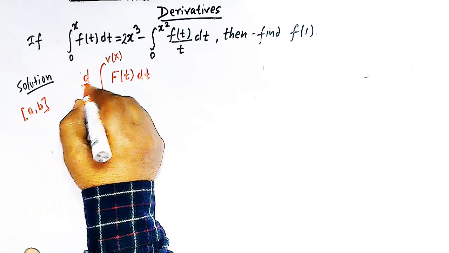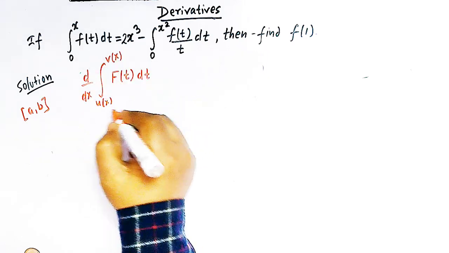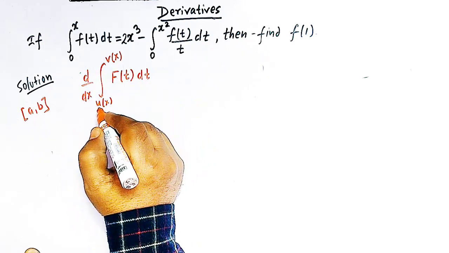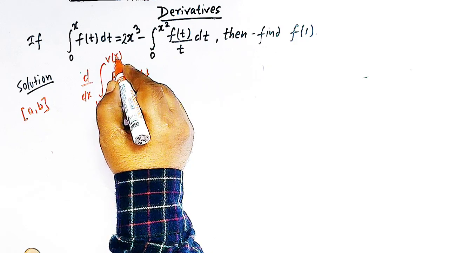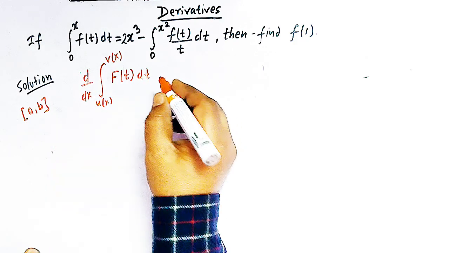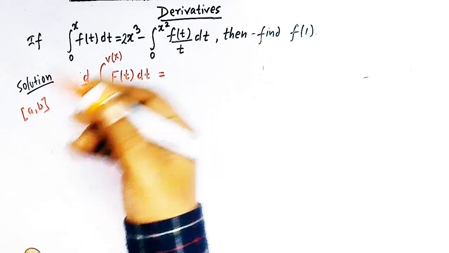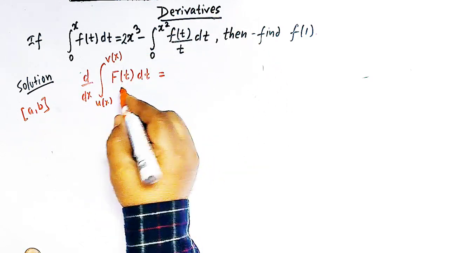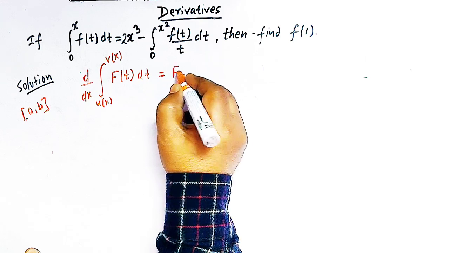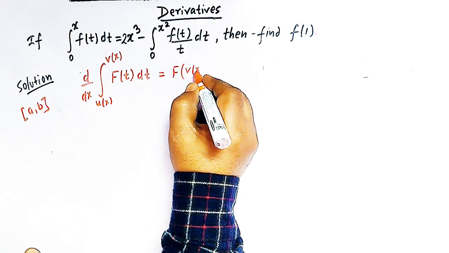And let us differentiate this integral with respect to x. Here u(x) and v(x) are some differentiable functions of x. Then the Leibniz integral theorem says that d/dx of this integral is given by f(v(x)).